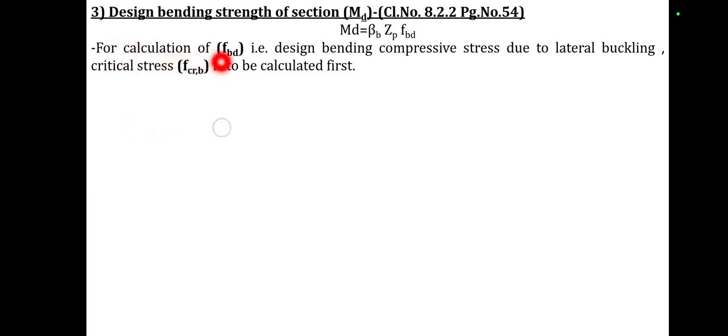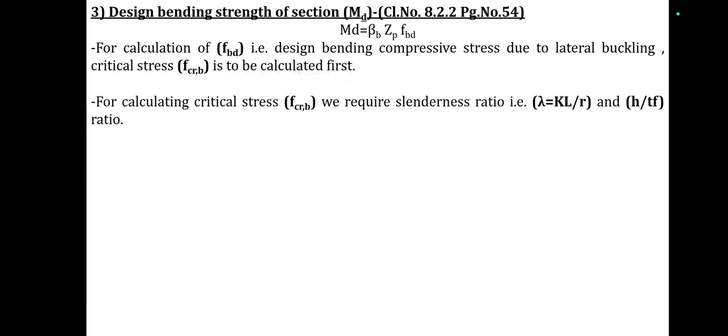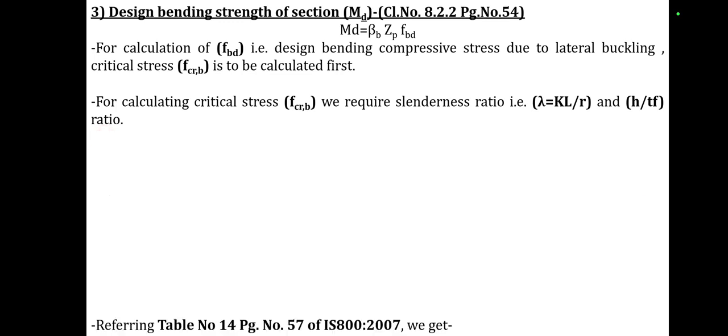For calculation of FBD, that is the design bending compressive strength, due to the lateral buckling, critical stress FCRB is to be calculated first. For calculating the critical stress FCRB, we require the slenderness ratio, that is KL upon R minimum, and the H upon TF ratio.